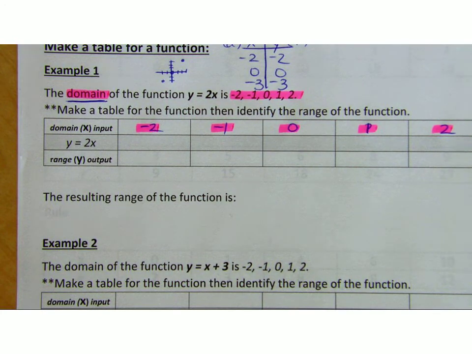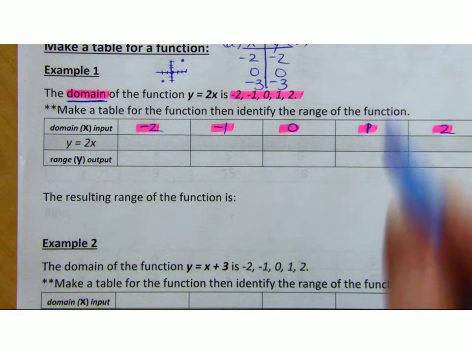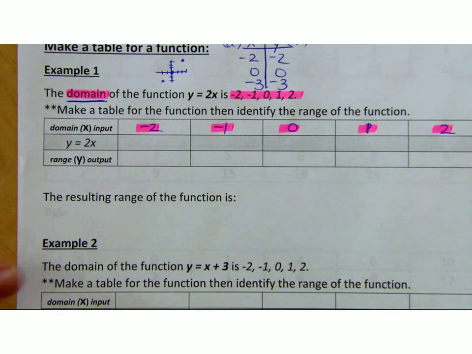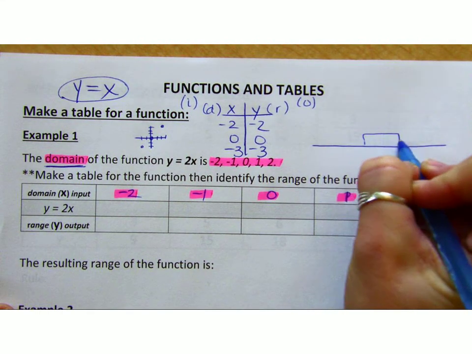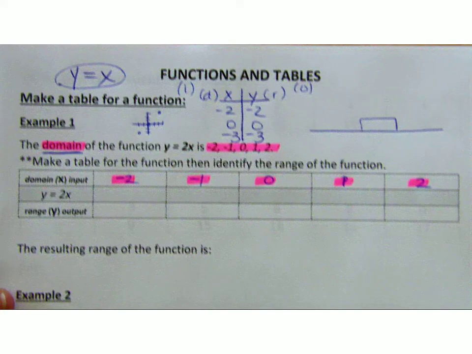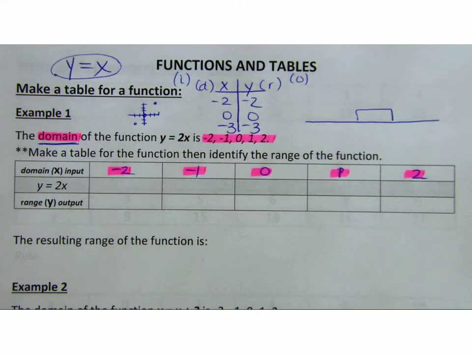So here's the process we're going to go through to get to that. And we're going to talk about an input-output machine. So maybe just right up here, how many of you have been to the airport and have been through airport security? Okay, so when you go to airport security, if you're an adult, you take your shoes off, and then you put your bag on this almost like a grocery conveyor belt.